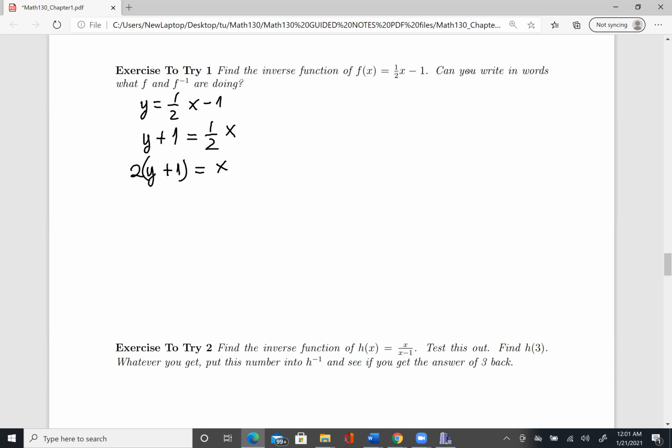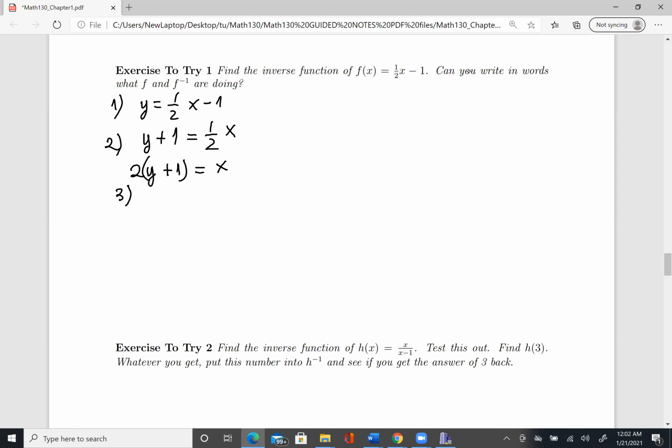I'll just keep it like that. Then step 3 is to interchange x and y.